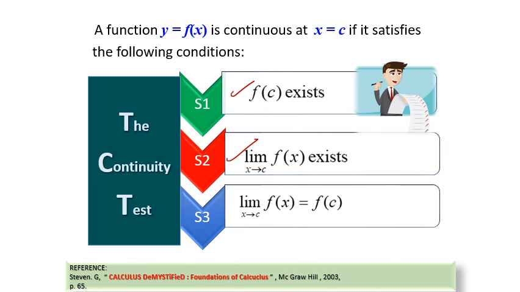Secondly, the limit exists as it approaches that point. And thirdly, number 1 and number 2 must be equal, meaning the value of the function at that point and the limit approaching that point must have the same value. So there we can confirm that it is continuous.